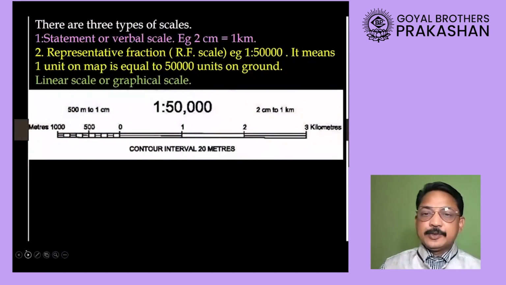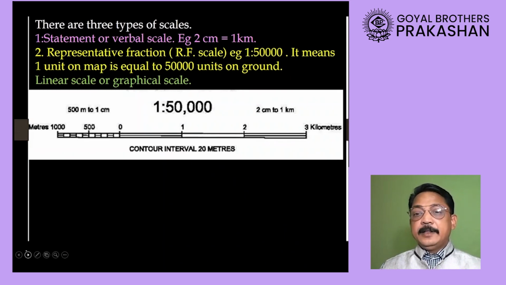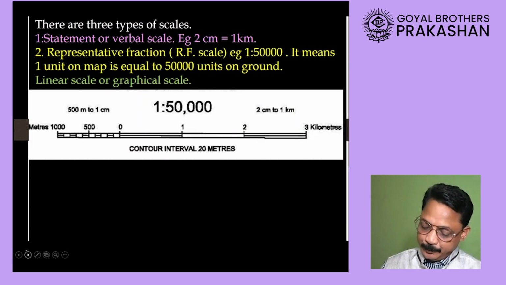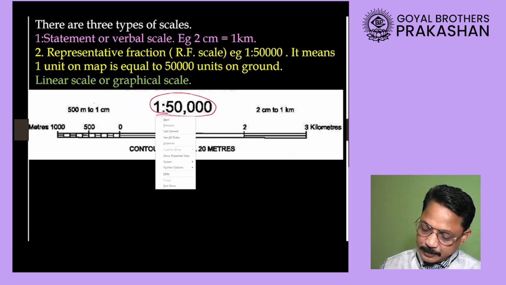Now, dear students, this scale is actually of three types. On a topography map, we always find the map scale is given and it is of three different types, and we will see why they are giving three types of scales. But before that, you look here, you will find something written, 1:50,000.